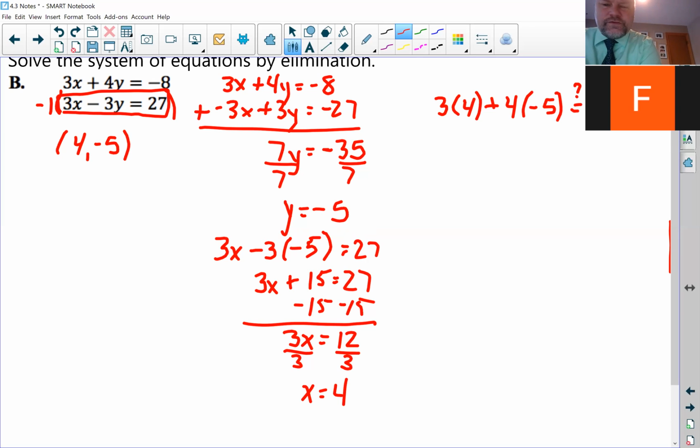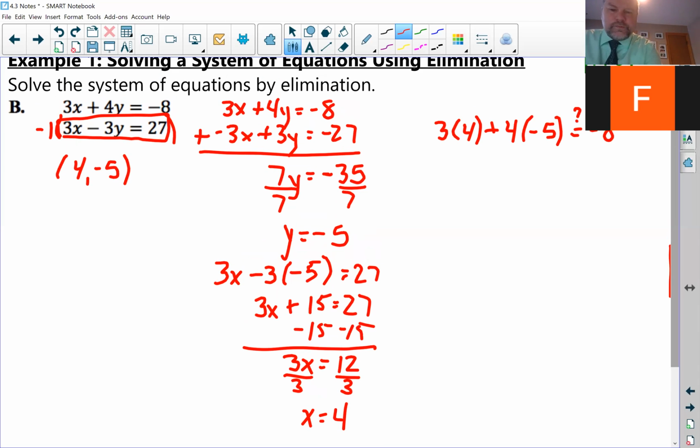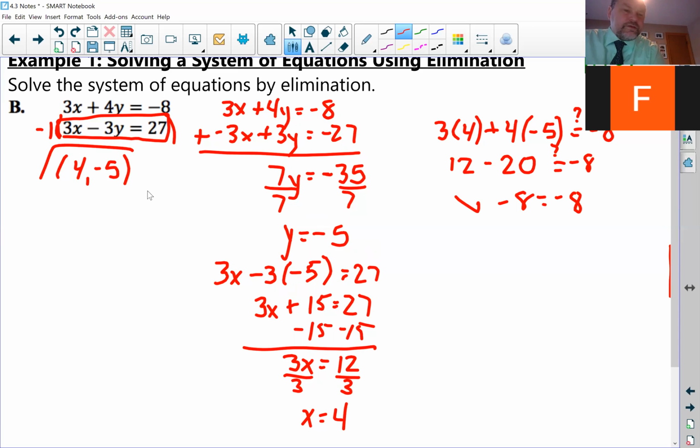Does that equal -8? 3 times 4 is 12. 4 times -5 is -20. Does that equal -8? And we get -8 equals -8, meaning our solution is true.